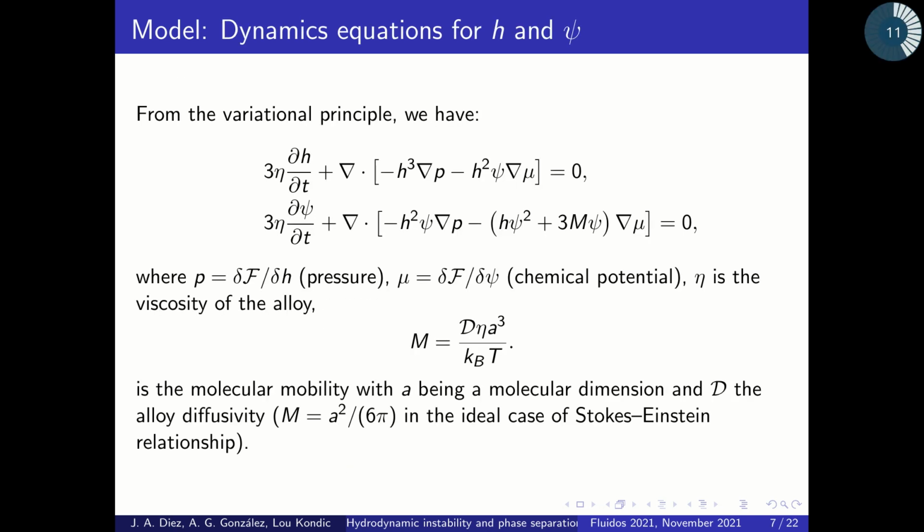So by means of the variational principle, we can obtain the governing equations in a conservative form for h and psi, where we see that these evolution equations are driven by the gradient of pressure and the gradient of chemical potential, and that there is also a diffusion process within the mixture controlled by the molecular mobility of the problem, which is in fact proportional to the diffusivity of the alloy.